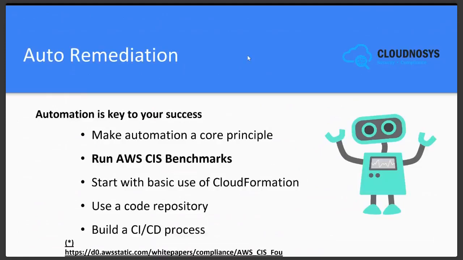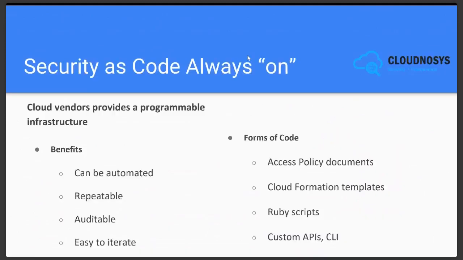So automation becomes very important in being able to run these functions. And the benefit of security as code is it's always on, it's always running, it's repeatable, you can audit it, and it's easy to iterate and improve on.